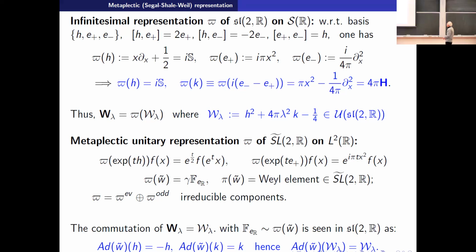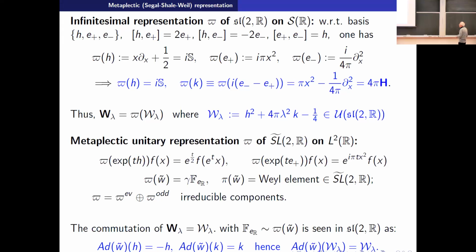And remember that from the beginning, this is the representation in L2 of R. And we are working on L2 of R even everywhere for the Archimedean place. And this is what was in the back. Now, if you want to see how closely related the situation is, you can check, for instance, the commutation of the Fourier transform with the prolate operator directly at the level of the Lie algebra prolate operator.